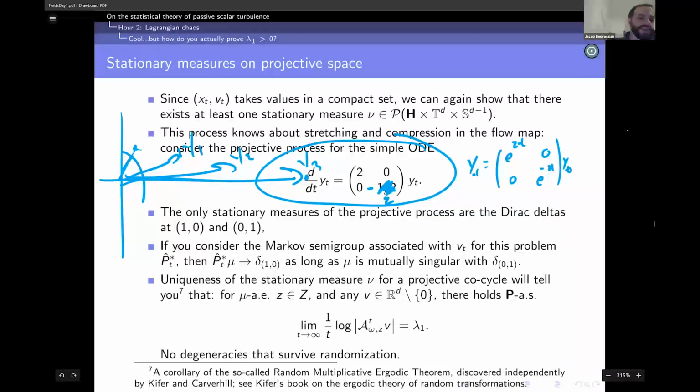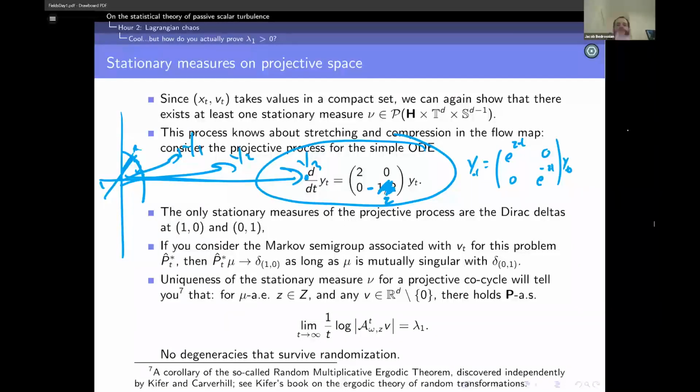And so they're going to all clamp onto the x-axis. So in projective space, you'd get this subspace, and it would tilt onto the x-axis. So the projective process will concentrate. If you think about starting with a Lebesgue measure and pushing it forward, it's going to flow and concentrate onto the x-axis like this.